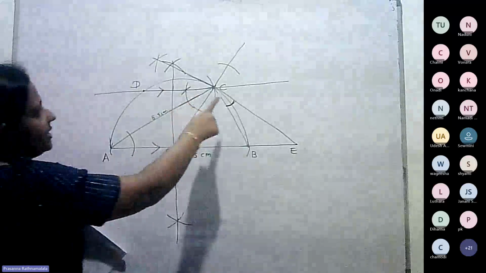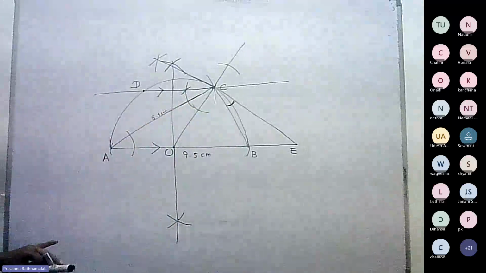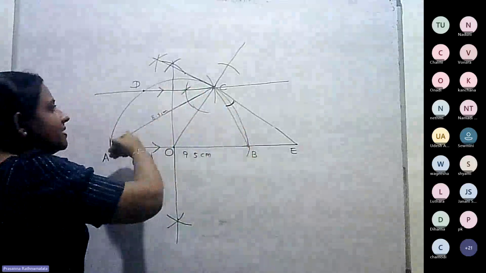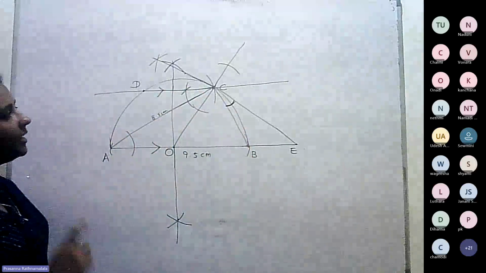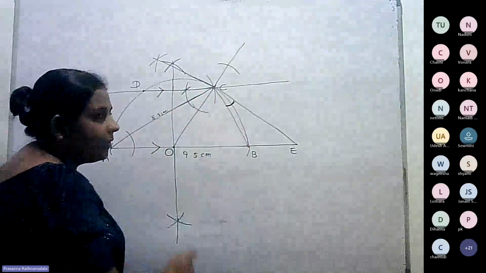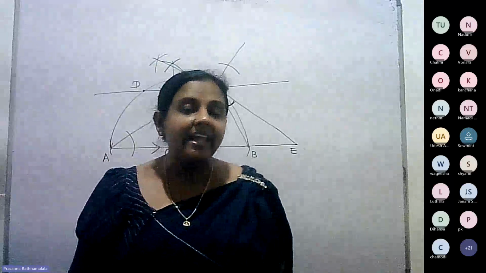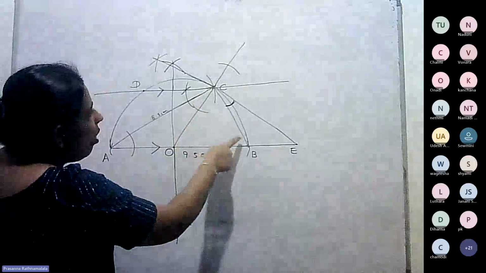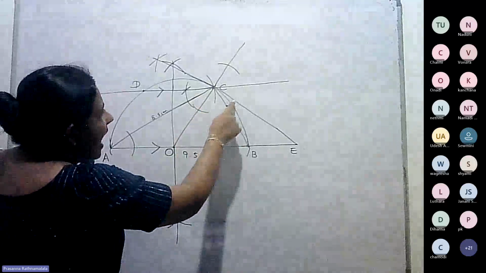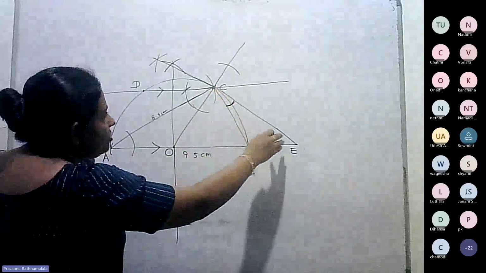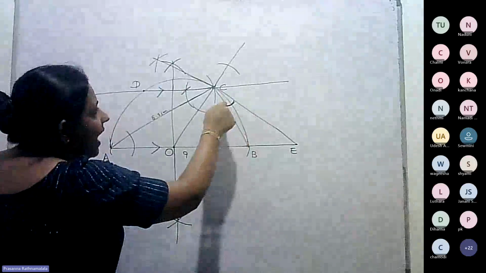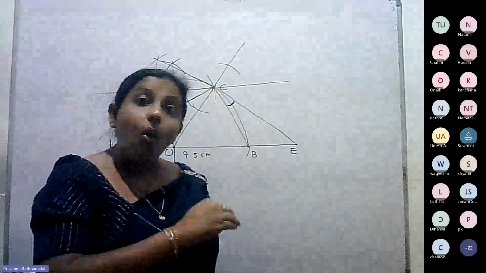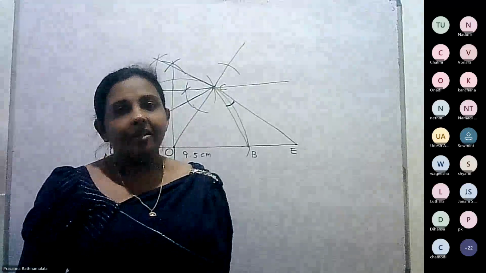Here is the angle, and here is the circle. That is a part of a circle, a semicircle. Can you remember the angles in the alternate segment? Here this is a chord, and here is the angle between the tangent and the chord. You know that is equal to the angle in the alternate segment.